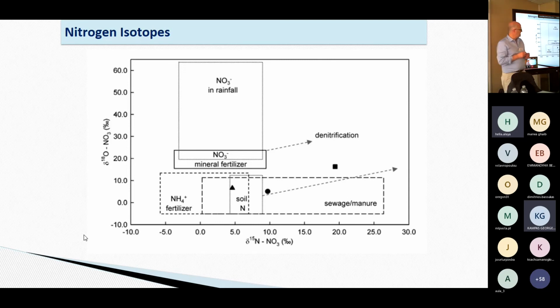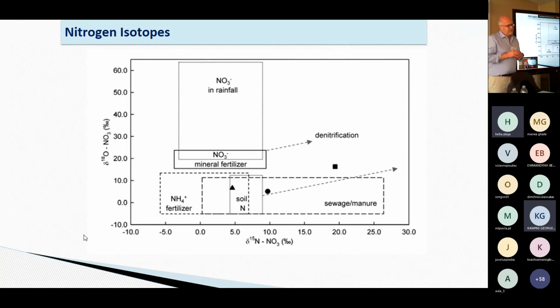Again, here we have a reference sample, delta for nitrate, and compared to that reference sample, we have a depletion in ammonium fertilizer. The soil has a value between 0 and, we could even say +5 and +10, and sewage, human sewage, has a value of +10 and more, towards +30.